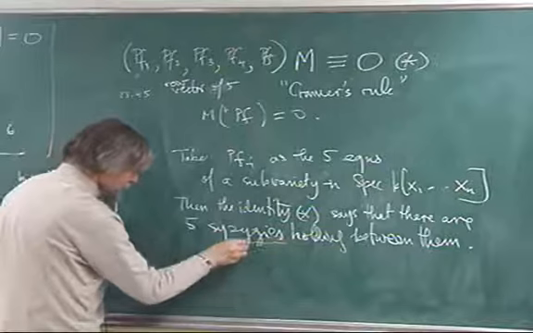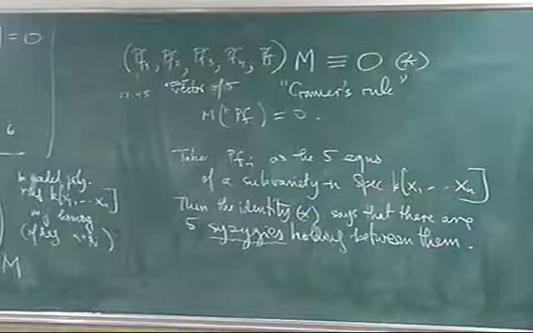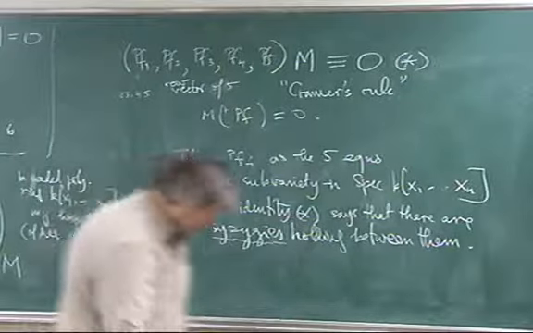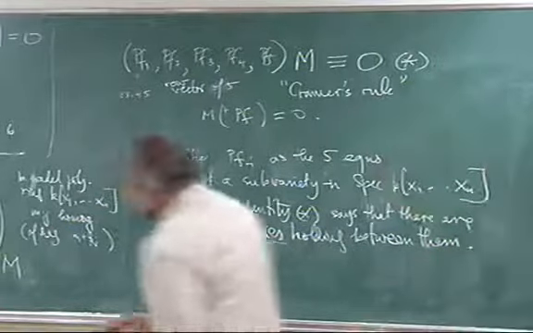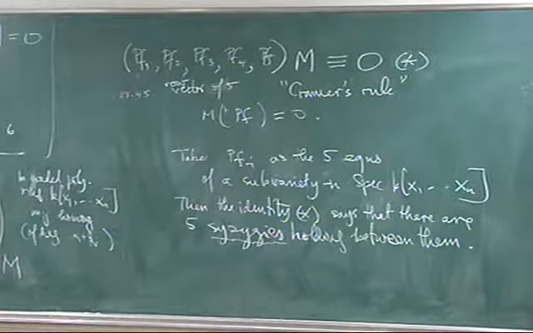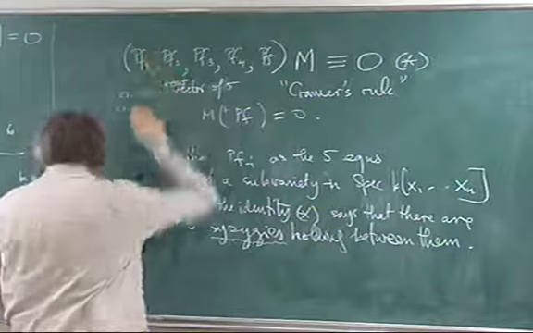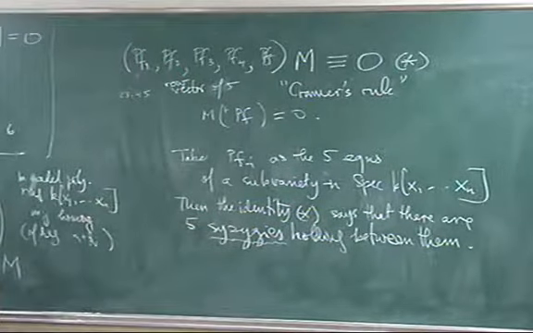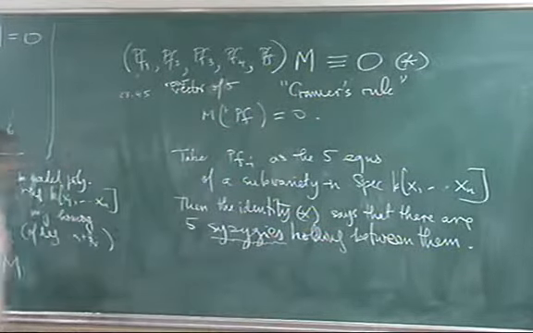Syzygies means I might in some circumstances take these 5 quantities here to be the equations of a variety, so they generate the ideal of a variety. In many cases that's a sensible thing to do. They generate the ideal of a variety, but there are these identities holding between them. So the f_i's are certain polynomials, generators of an ideal, and this is an identity holding between them.